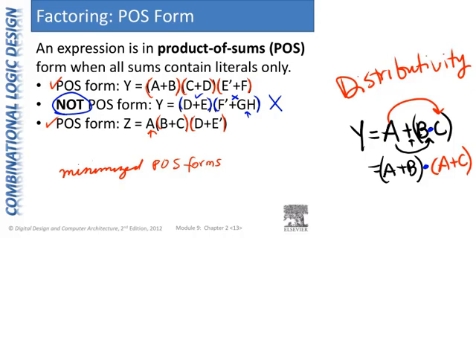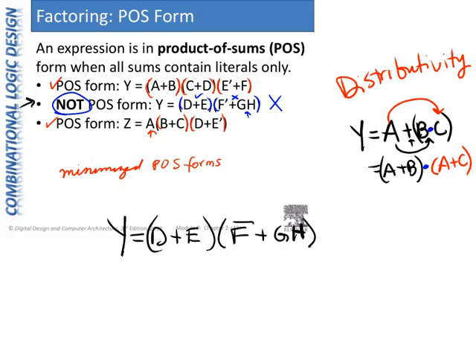But we can start with our equation here, the one that was not in POS form, y equals D or E and F bar or G and H, and we can use distributivity to factor that into POS form.